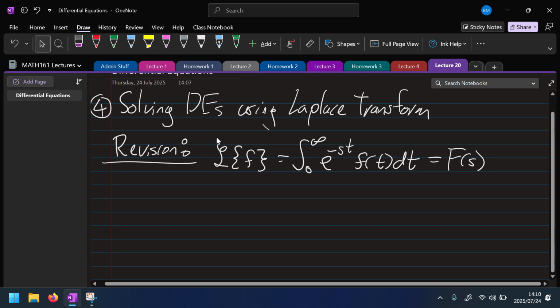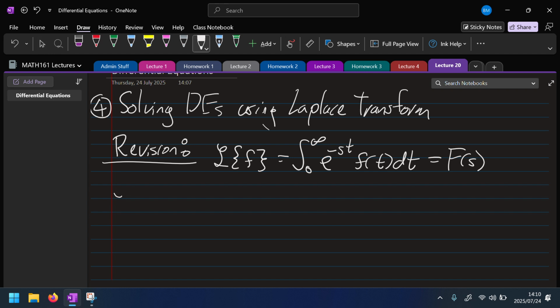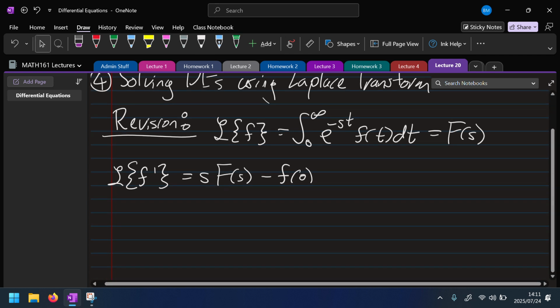Okay, then there's a few properties. So we went over the proofs and stuff last time, so I'll just list them out. So the first one is the Laplace transform of f prime. This is s times capital F of s minus f at 0. Okay, we went through the proof with that. You had to do that integration by parts to find that.